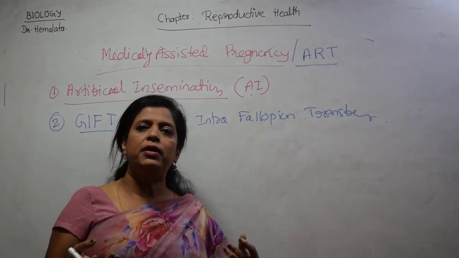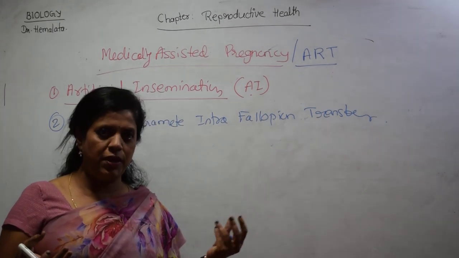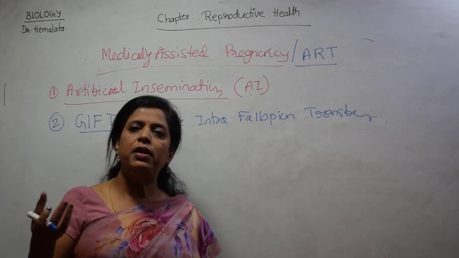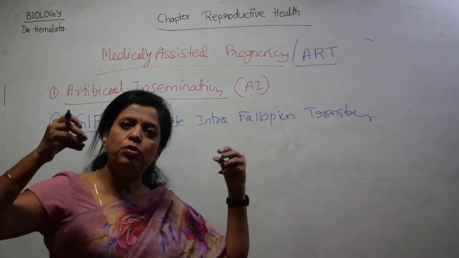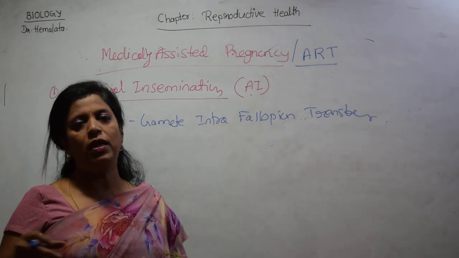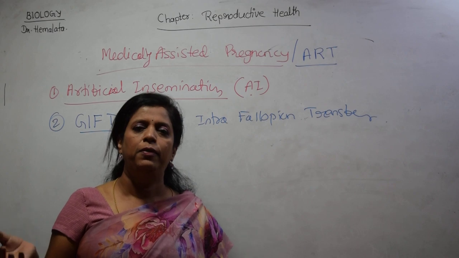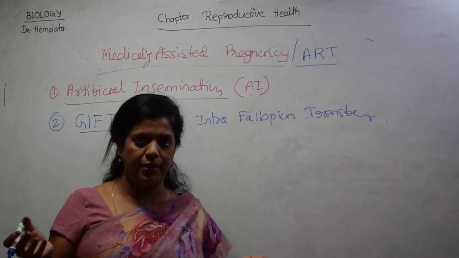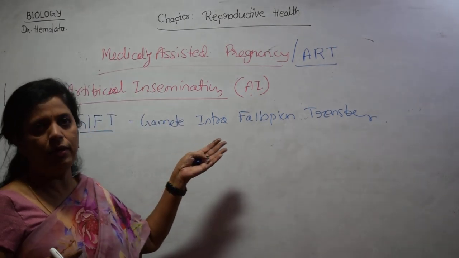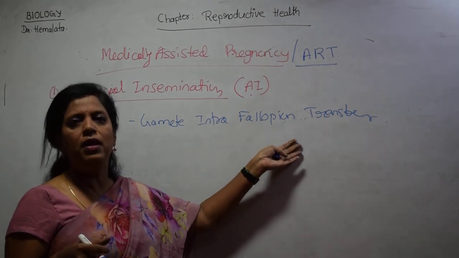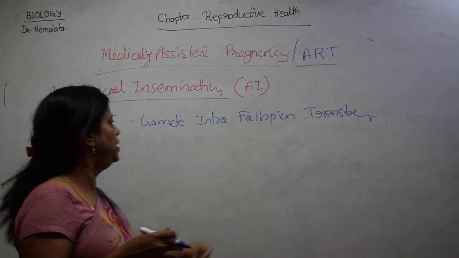Both eggs and sperms are extracted, eggs from the female and sperm from the male, and they are transferred directly into the fallopian tube, so that fertilization happens in the fallopian tube and this becomes a zygote, and there should be implantation and pregnancy. This is also a good method in which there are cases in which they have got positive results.